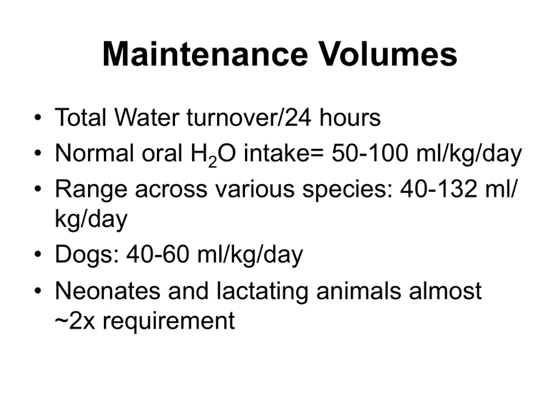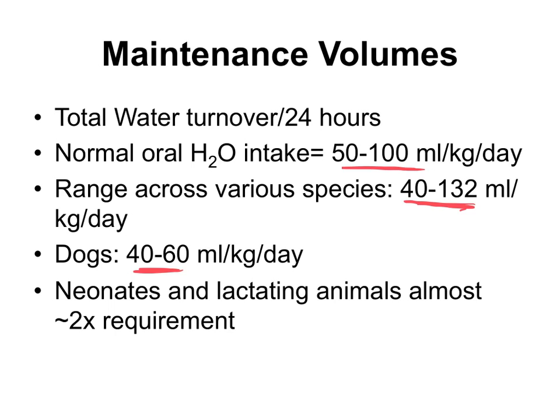Although the range can be quite variable, as you can see here, somewhere between 50 and 100 milliliters per kilogram per day would be what an animal drinks. And if you think about that, and we can focus on the dog, that's about 40 to 60 milliliters per kilogram per day. That's what you have to give to the animal to maintain it if it doesn't drink. If it has no source of fluids, or if it's vomiting or whatever, that's the maintenance.